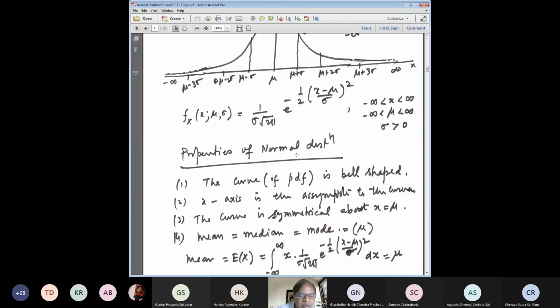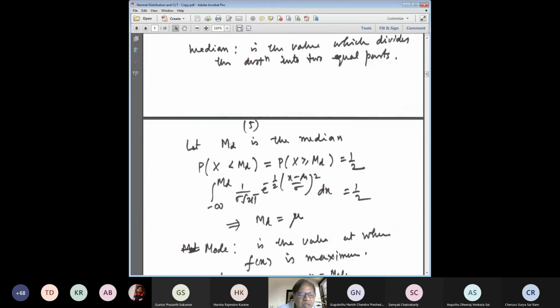So if we denote the median as MD, we have to solve for the value of the median such that the probability of x less than the median is half, or x greater than or equal to the median is half. One of the integrals you can easily solve: minus infinity to MD of f(x) dx is equal to half. Solving this integral, you will get the value of MD.